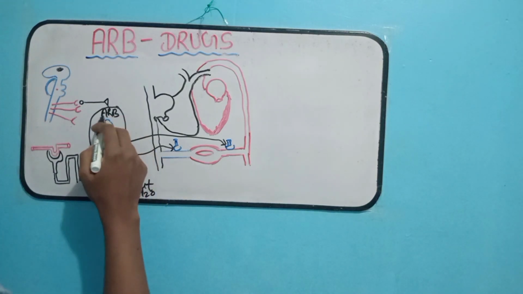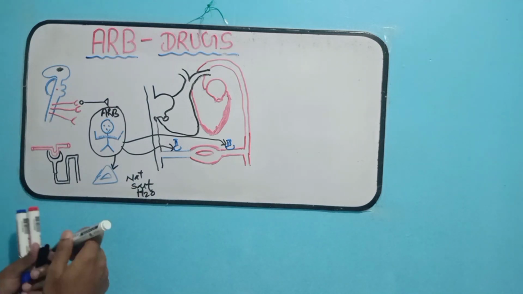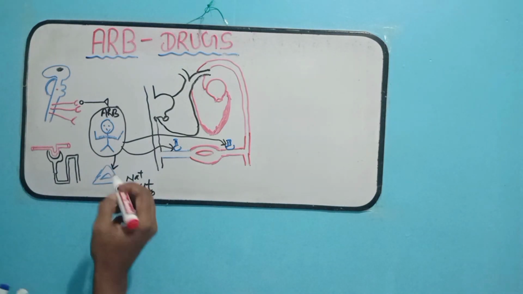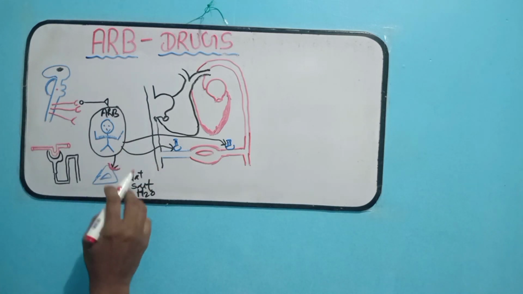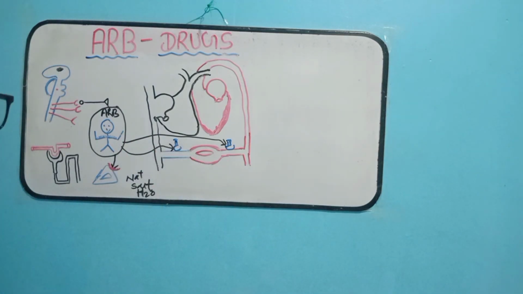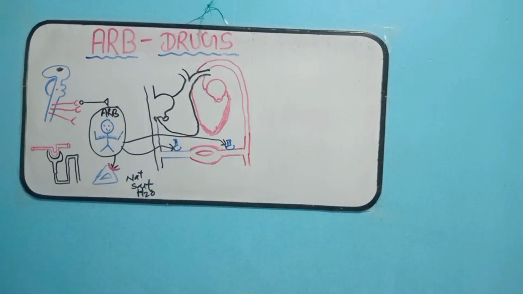But when the angiotensin receptor blocker drugs work on the zona glomerulosa, then there is no more activation of the angiotensin 2 receptor, so there is no effect of angiotensin 2, and that also leads to a decrease in the blood pressure in the patient.